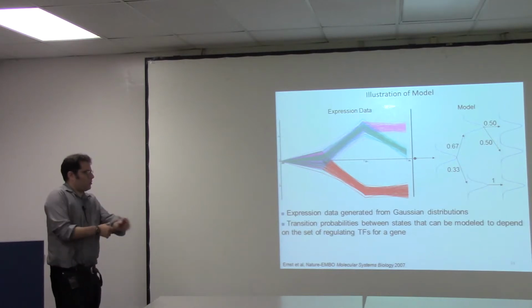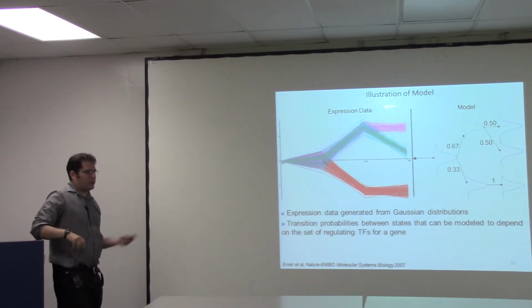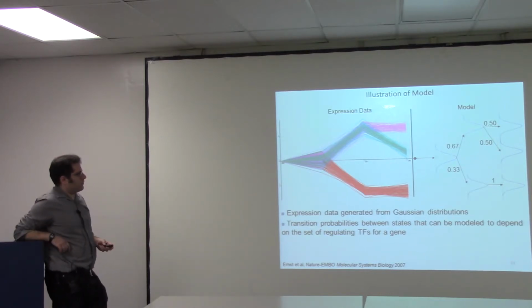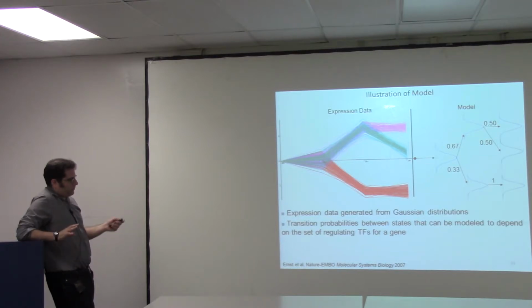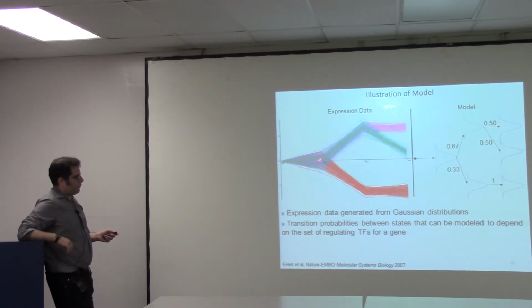Now to talk a little more about what's the actual model behind getting this structure here. So first I'll give you a toy example to illustrate this. What we have here is three paths. In practice, data won't be this clean, but this is just for illustration purposes. And there's one bifurcation event here and one here.